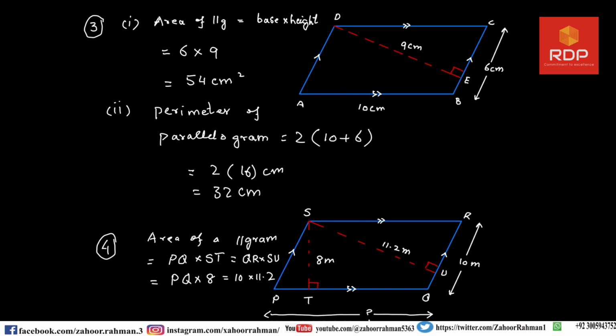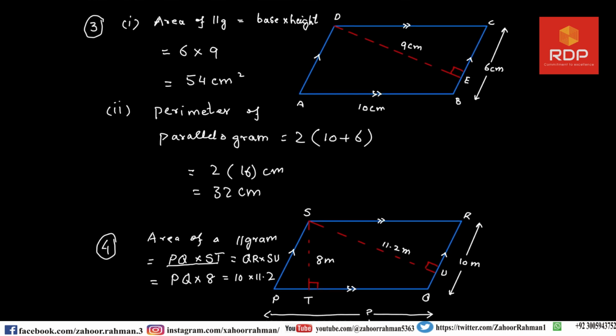So we are saying that the area of the parallelogram is equal to PQ into ST. And if we find the area of this parallelogram from this perspective, then that will also be equal to QR into SU. So generally we can write PQ into ST is equal to QR into SU.